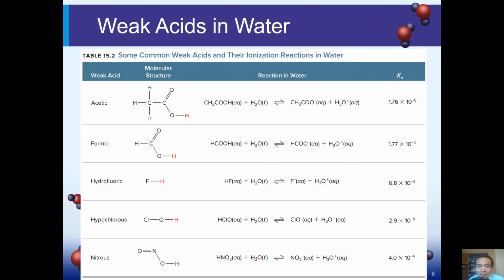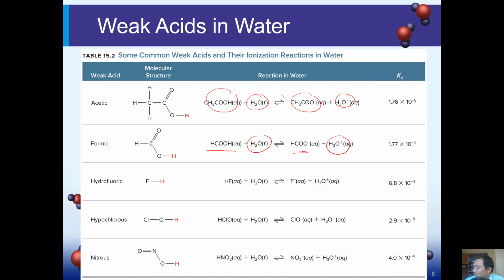For weak acids dissolved in water, it follows exactly the same pattern, reacting with water and generating hydronium ion for each one. And the acid loses its proton. The only difference between strong and weak is, do you ionize 100%? Weak acids do not ionize 100%.